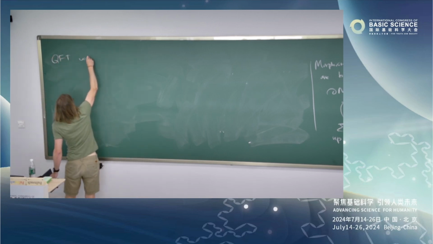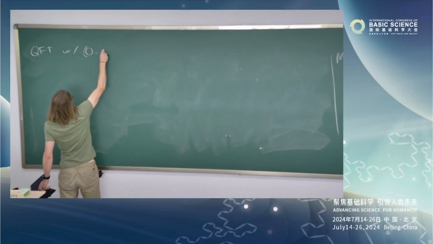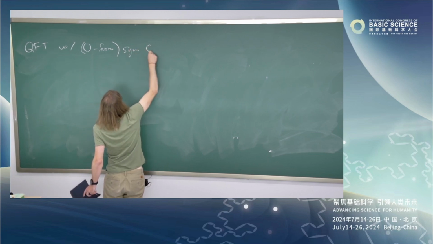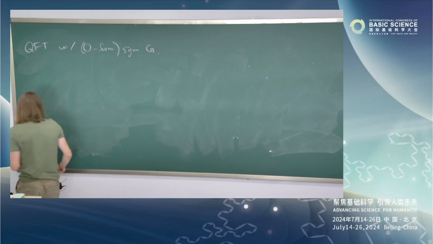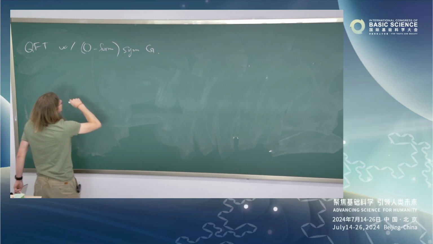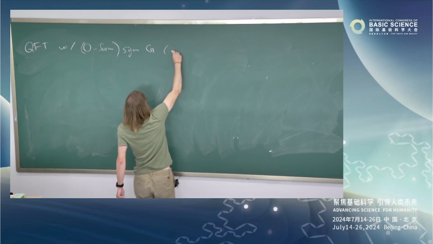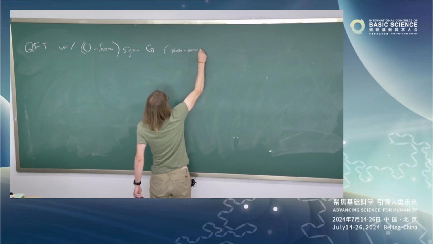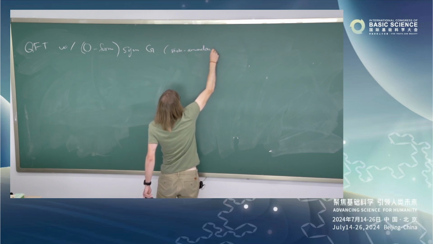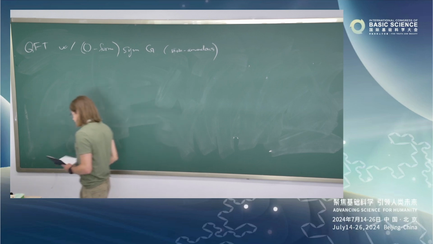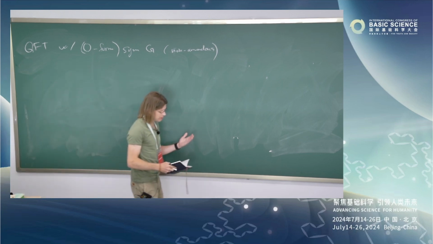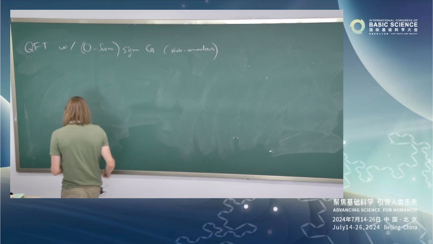When I talk about symmetries, in my case they would be non-anomalous, meaning the symmetry is global and there are no 't Hooft anomalies, which means we can gauge it, and this is what we will want to do.